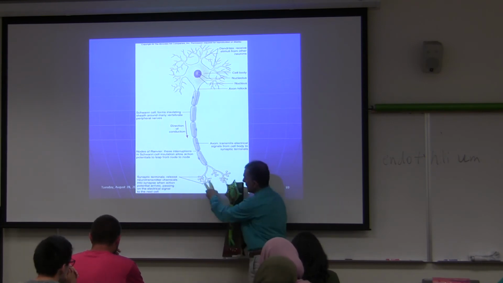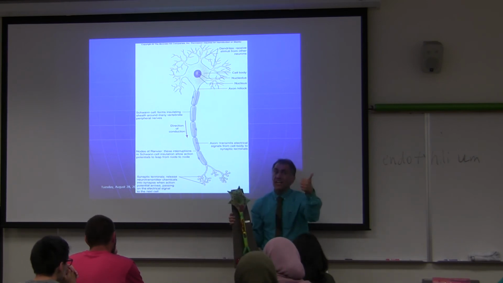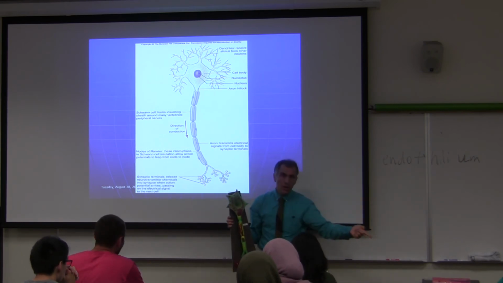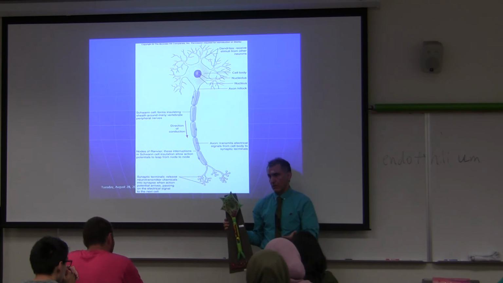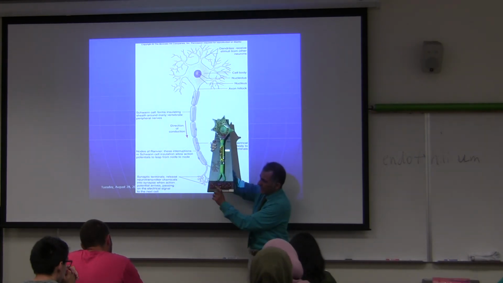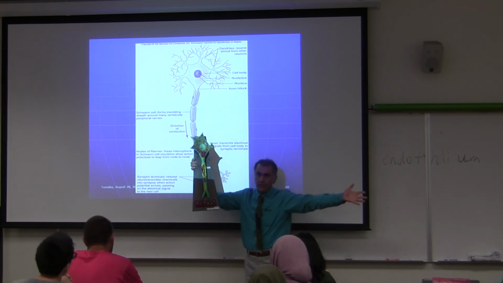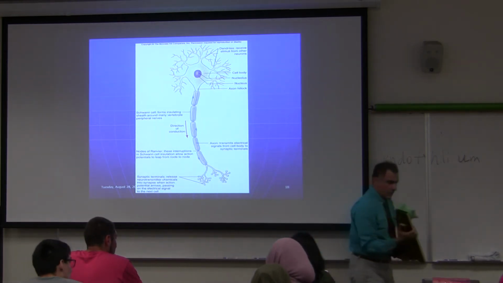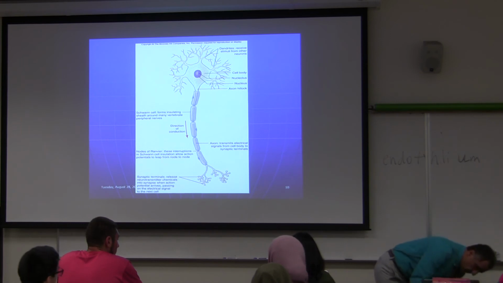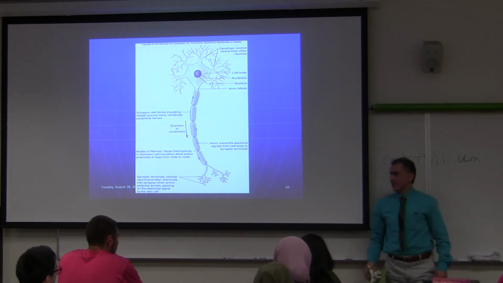But at the end, they end up in three different things: either a gland, or another neuron, or muscle. In this model, it is ending in a muscle, which we will talk about a little bit later. I cannot give you everything today. Then you won't come back on Thursday if I tell you everything.